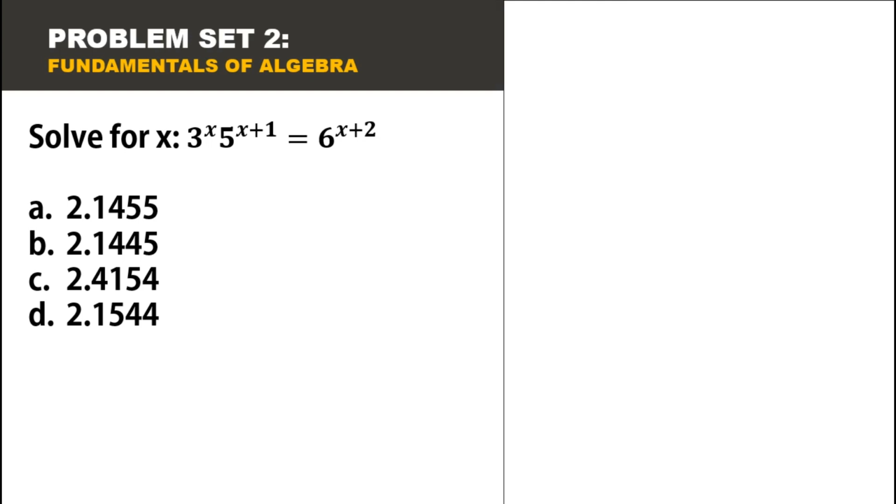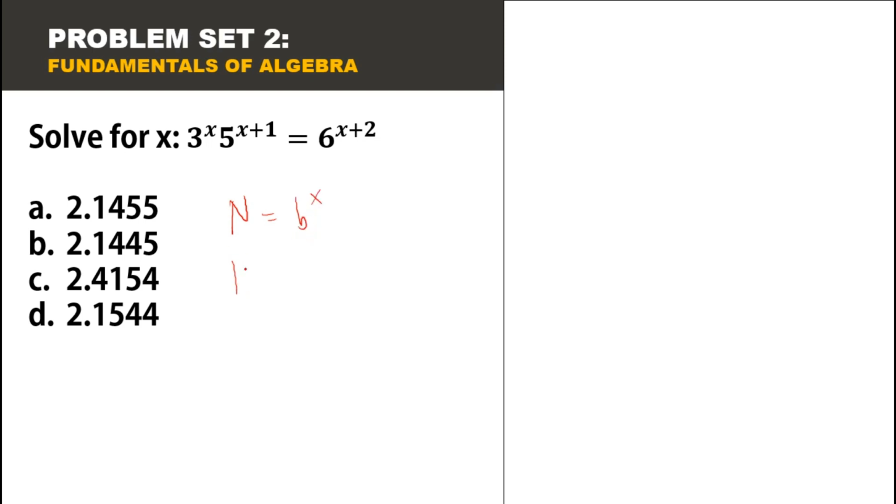So for x in the expression 3 raised to x times 5 raised to x plus 1 is equal to 6 raised to x plus 2, we are required to find the exponent x. So we can use logarithm. When you say logarithm, it is actually an exponent. For example, you have n equals b raised to x.